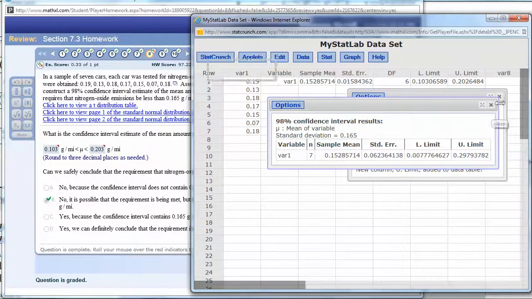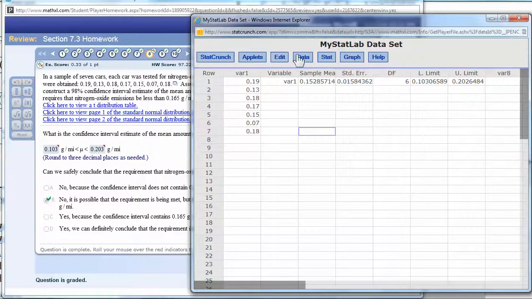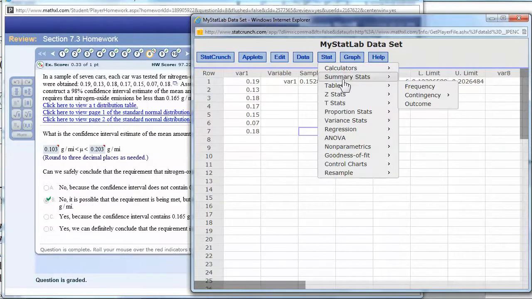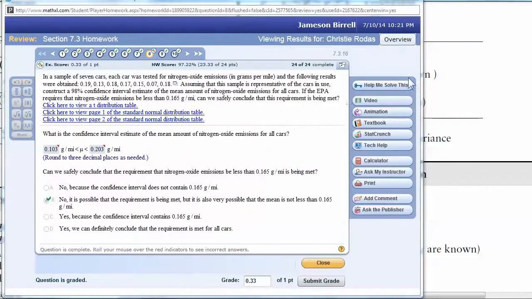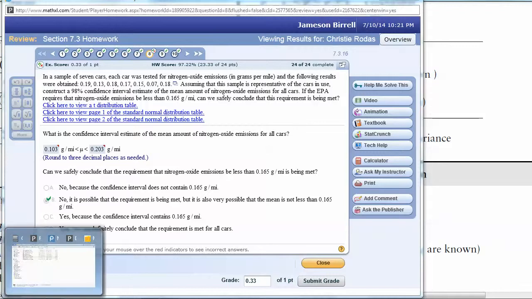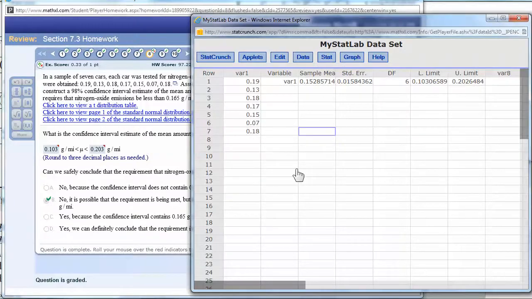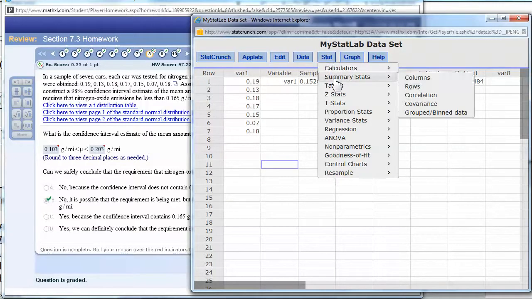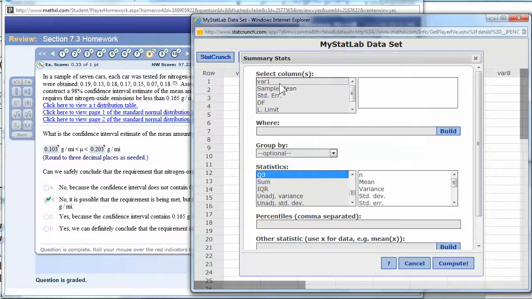So let me actually run. StatCrunch has been acting up, hasn't it? Let me go ahead and run the summary statistics. Really all I need here is the variance. I'm sorry, the standard deviation.